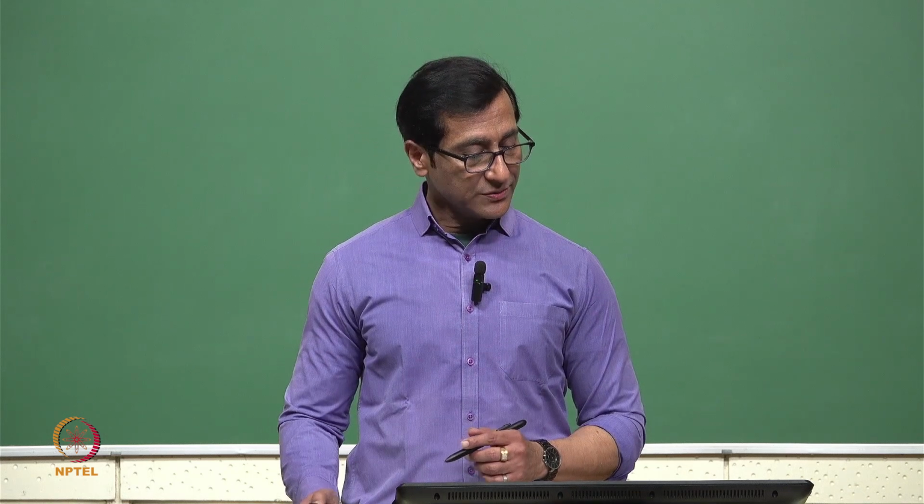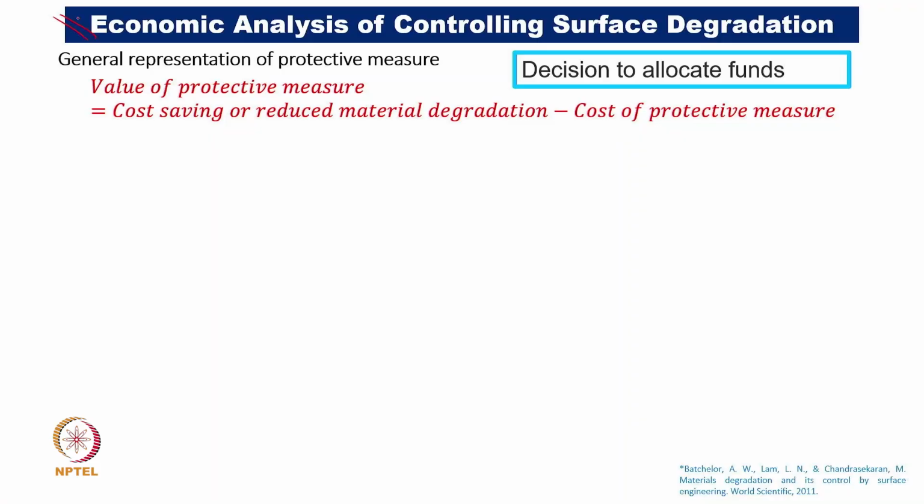So let's see first the economic analysis of controlling surface degradation. We need to think about whether to allocate the funds appropriately or not. What is the value of the protective measures? It is the cost saving or reduced material degradation minus the cost of the protective measures.